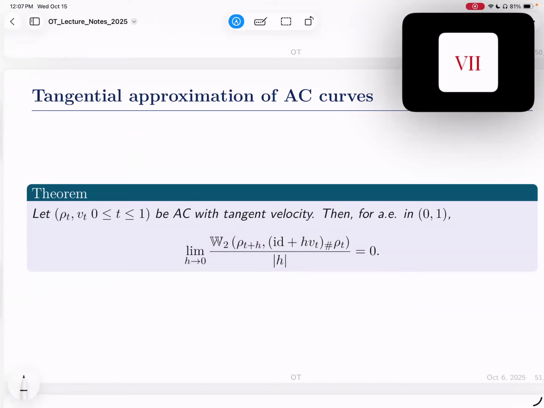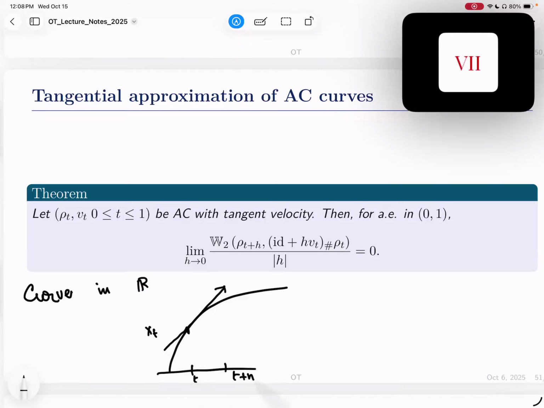I keep on talking about tangent and tangent velocities. So one of the properties of tangents in Euclidean space is tangential approximation. So in Euclidean space, if I have a smooth curve in, let's say, R, I have the following property: if I look at a time t, I look into this curve x of t, and I draw its tangent, then at a small enough time point t plus h, the value of the curve, which is x of t plus h, is very close to the value of the tangent.